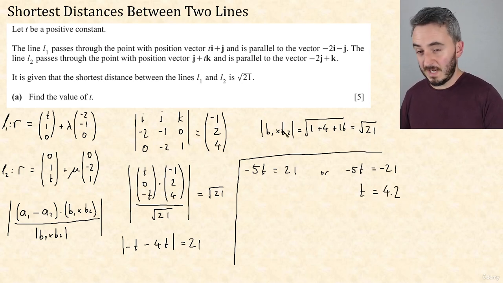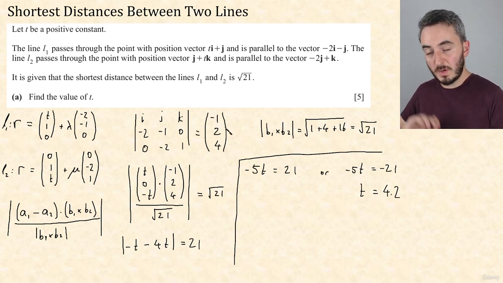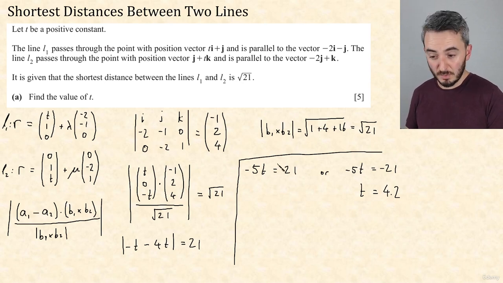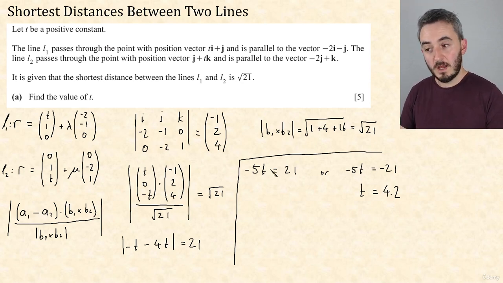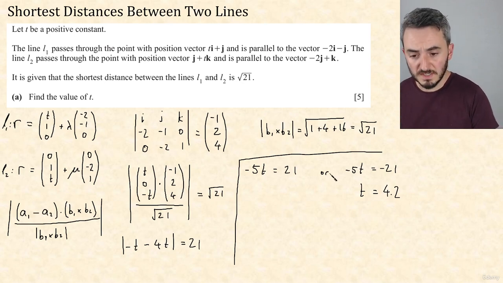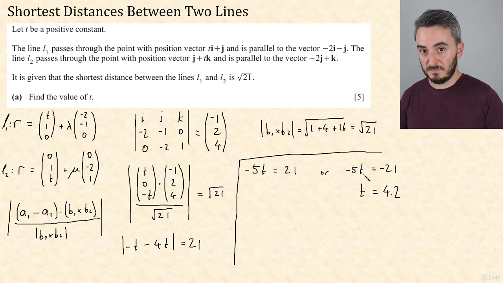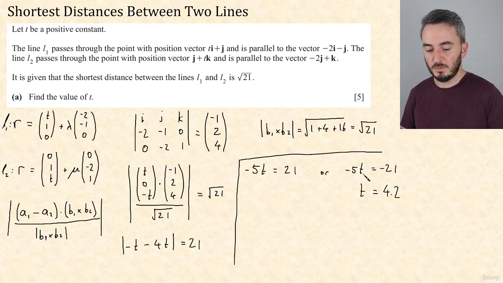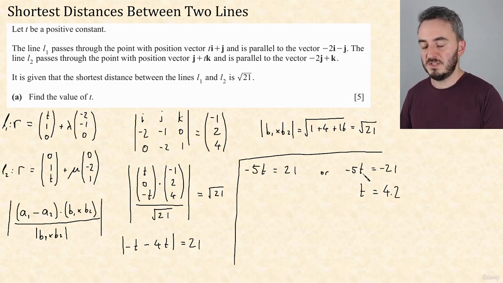And depending on exactly how you set this up, which way round you get it, one of these might be more obvious than the other. If you just forget that it could be positive or negative, I would have ended up with t being a negative. Other people who might have been using this the other way round might have just ended up with this if they were lucky. But it's best to consider both and then think about which one is the right answer. But the answer, since t is positive, is 4.2.